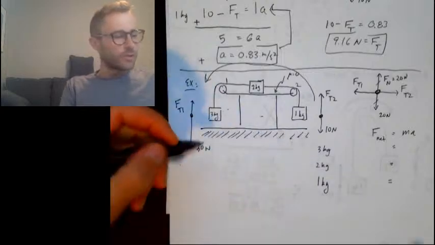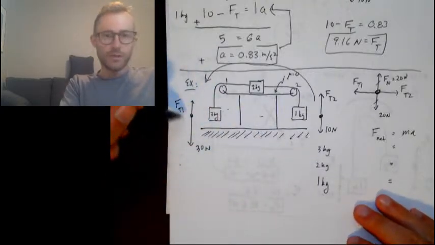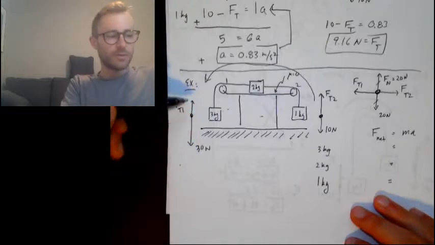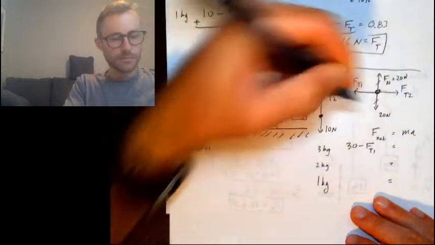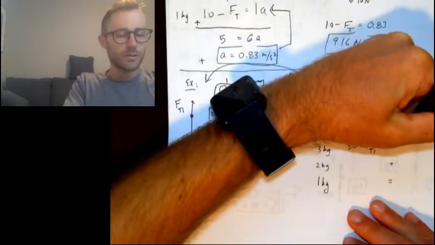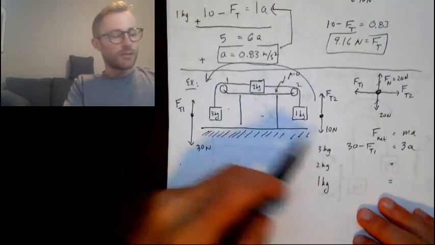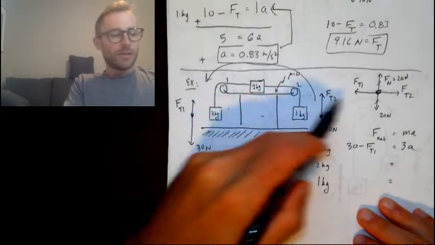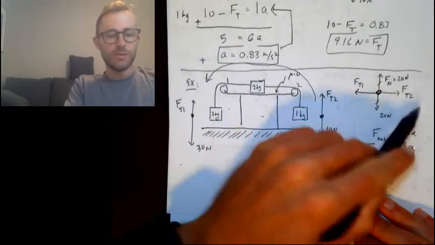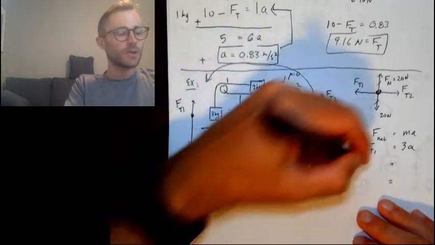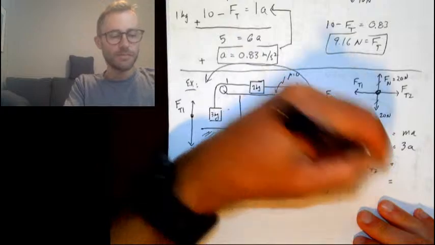So what is the net force on the 3 kilogram mass? Well, downward is positive for this mass, so it would be 30 minus the first tension. So that equals 3a. If we look at the 2 kilogram mass, it has tension 1 pulling it to the left, which is the positive direction for it, and tension 2 pulling it to the right, which is the negative direction for it. So F of T1 minus F of T2.